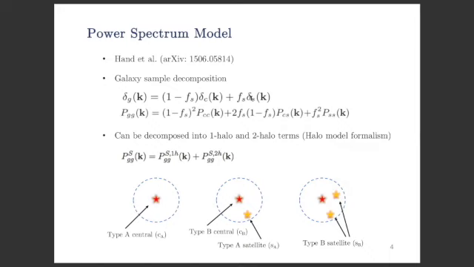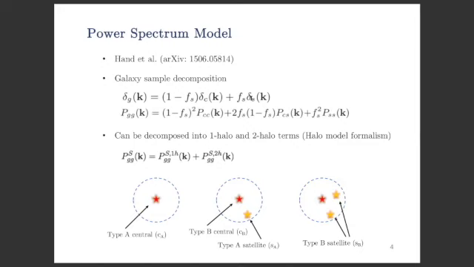So in redshift space, we can decompose the galaxy overdensity field into contributions from the C, which is the central, and S, the satellite galaxies, as shown in the first equation. Then the power spectrum of this galaxy density field can be written as the second equation.